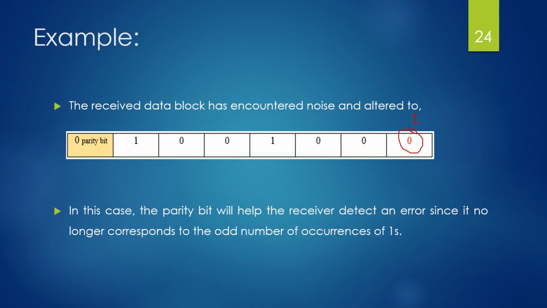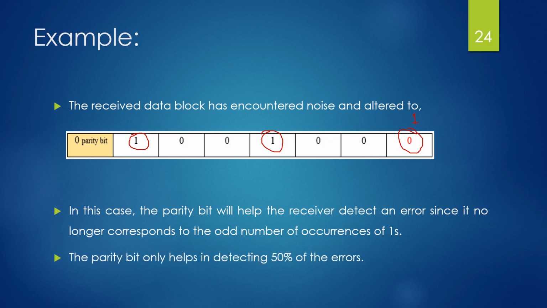In this case, the parity bit will help the receiver detect an error since it no longer corresponds to the odd number of occurrences of 1. When it counts the number of 1s, it gets 1 and 2. So the number of 1s is 2, and it will know that an error has occurred somewhere.